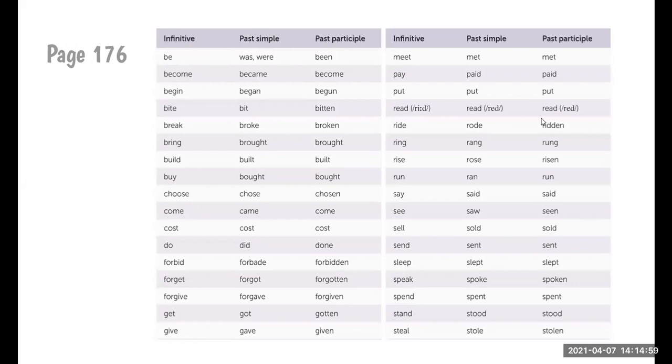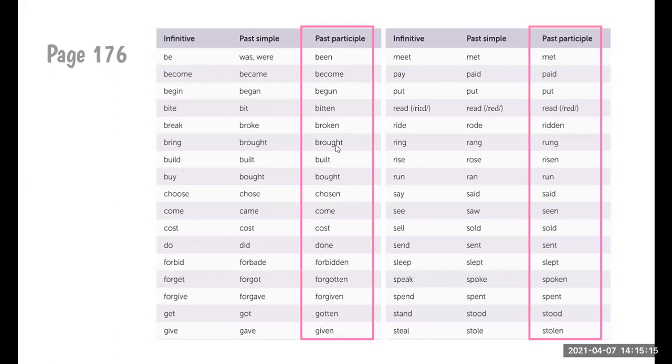Okay, this is a list of irregular verbs that you have on page 176 in your book. Okay, so for this tense, for the present perfect, we are going to use the 3rd column. We are going to use the past participle form of the verb. Ok, ya no vamos a utilizar el infinitivo ni tampoco el past simple.